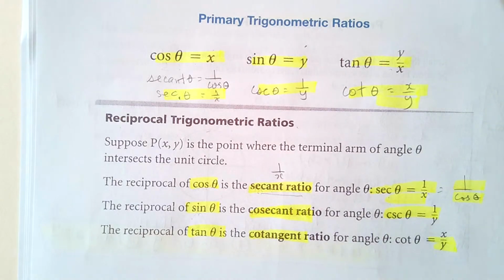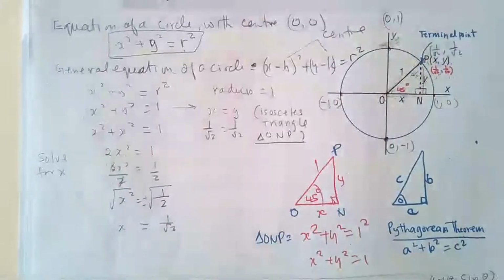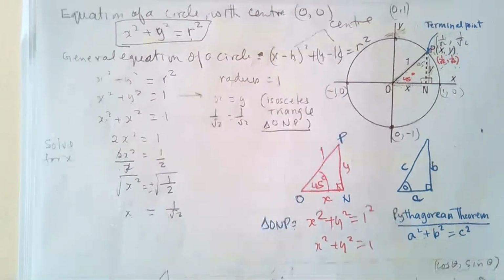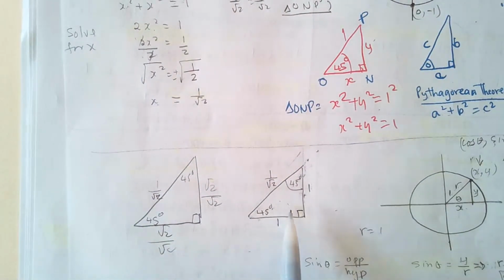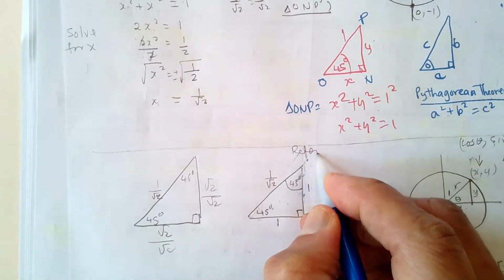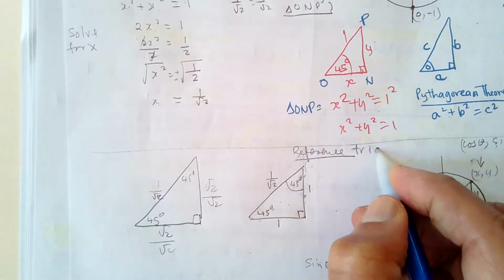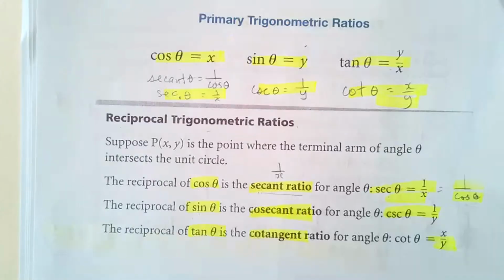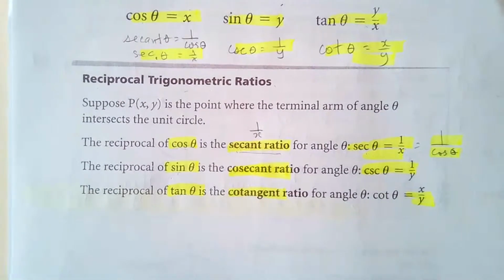Now, having said all of that, we did write the 45-degree angle here, called a reference triangle. Now, there are a few other angles you'll need to memorize, and I'll tell you why.